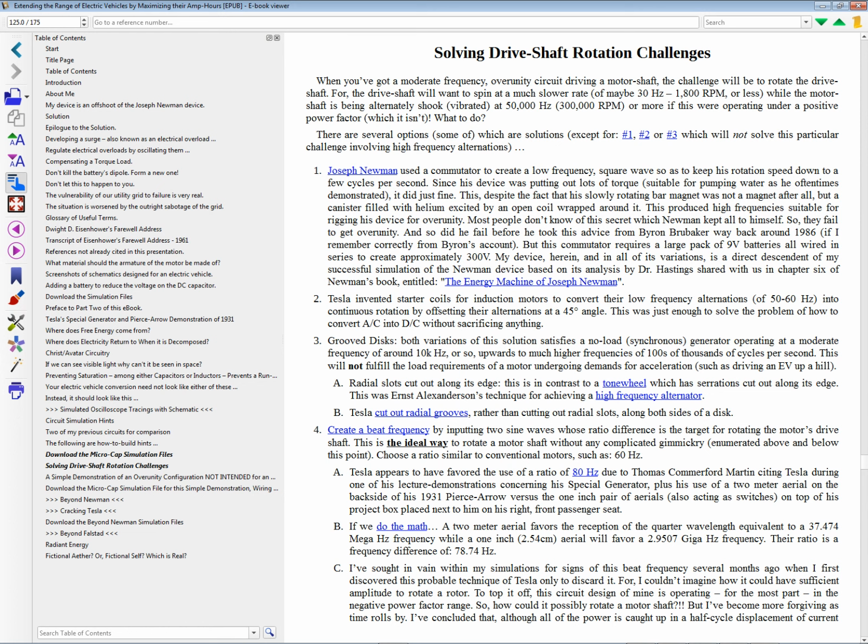If you divide 3 gigahertz by 37.5 megahertz, you come up with just a little bit under 80 hertz, 78 3/4 to be precise. So I took this to be fairly strong enough evidence that my presumption might be correct, that he was creating a beat frequency.